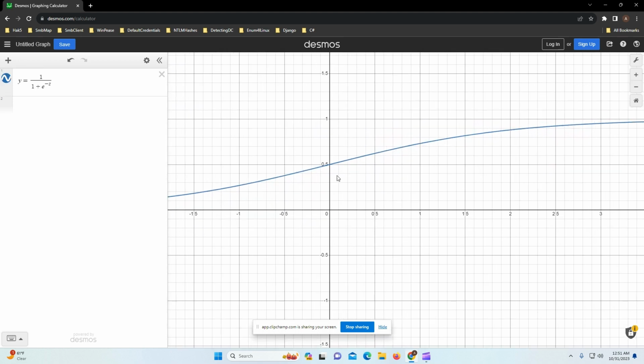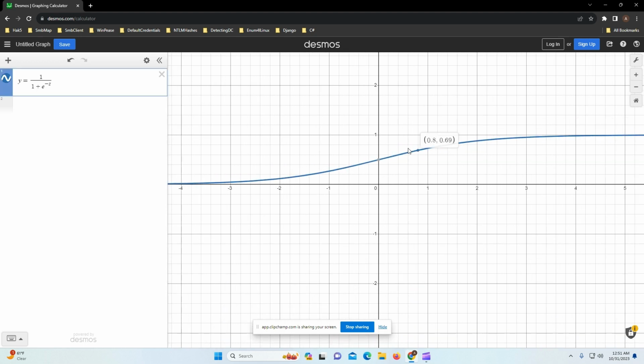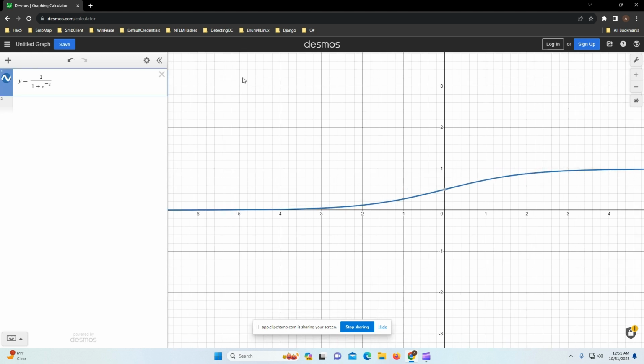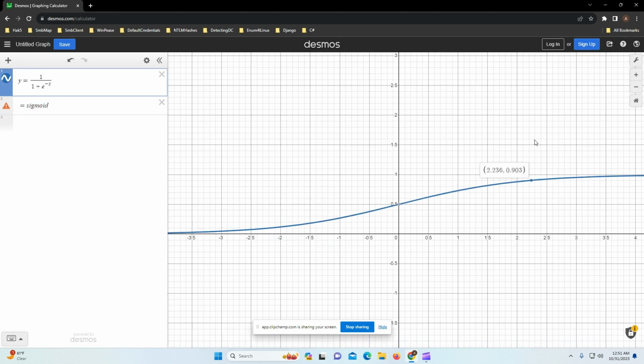So any prediction is always going to be between 1 and 0, giving us the possibility of making a prediction between 1 and 0. And this is actually the sigmoid function. Very important. This is a sigmoid function, and it's the model we use for logistic regression.